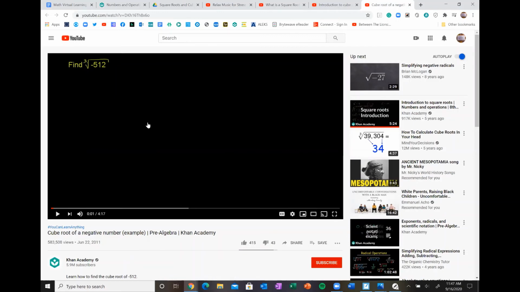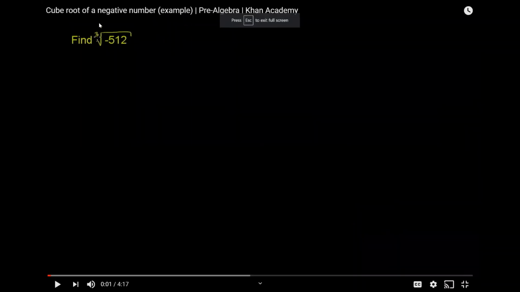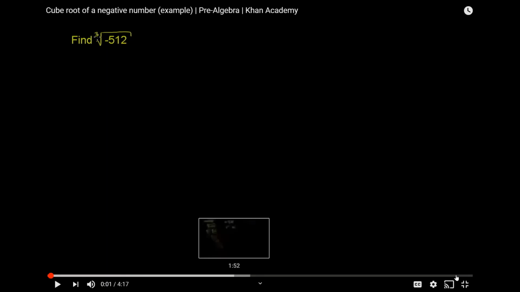So in this problem right here, we are going to find the cube root of negative 512. Pay attention here, and he's also going to show you another example of this. So write this down before I start it, and make sure you are copying down notes.